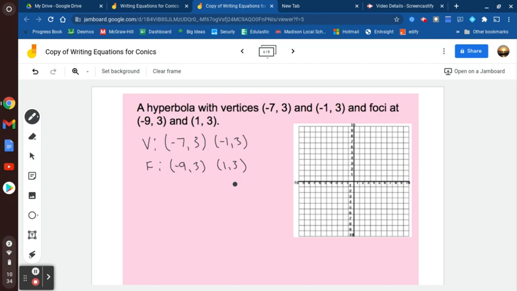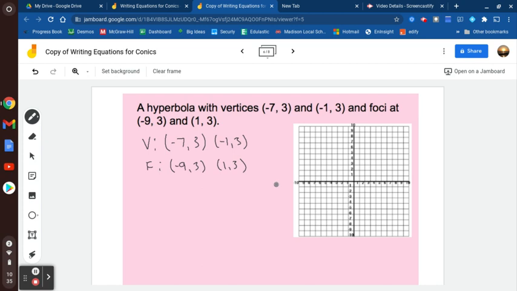I don't know that you're going to come up with the center just by looking at it, unless you're doing some math in your head, which is fine, because the 3 is what's the same in all of them. So I know the center is going to have a 3 as my k value, or my y value. But let's just use a midpoint formula. Does it matter whether I do the midpoint for the vertices or the foci?